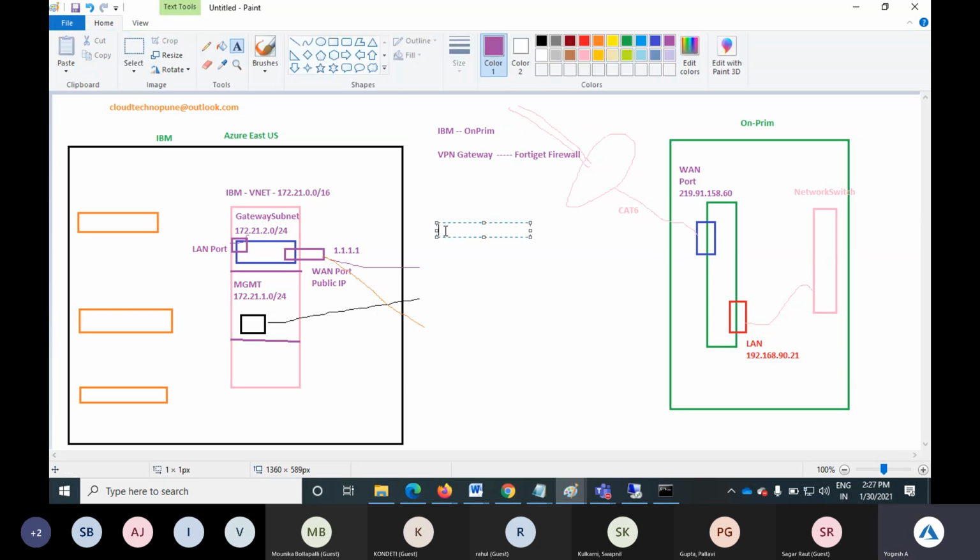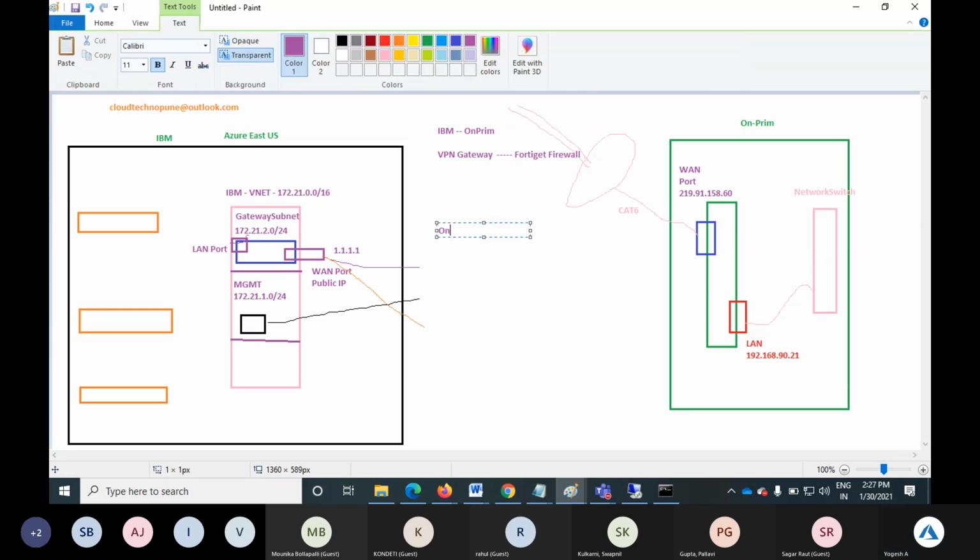Again, I need to create one more connection. On-prem to IBM. In on-prem, we are using FortiGate. VPN gateway. Same concept.